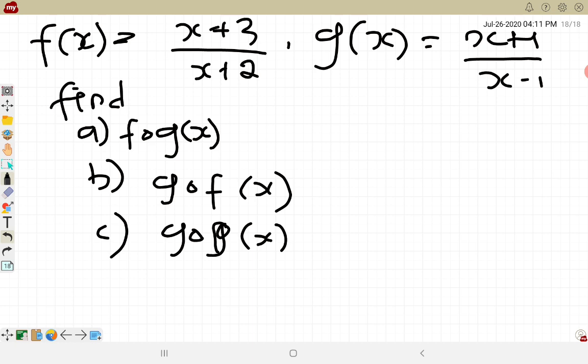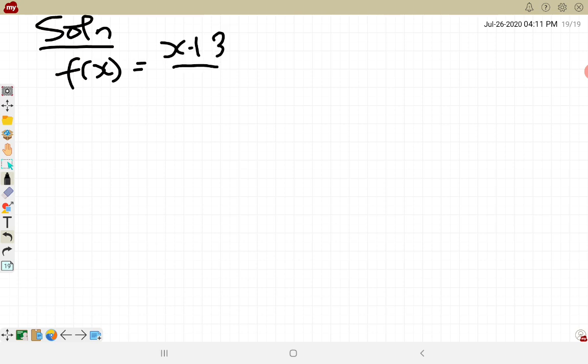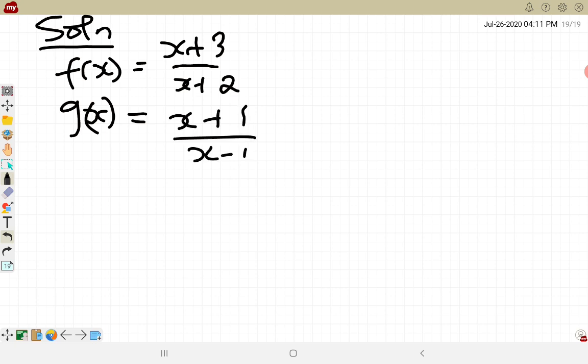Okay, so let us continue the solution. Now f of x is given as x plus 3 over x plus 2, and g of x is given as x plus 1 over x minus 1.